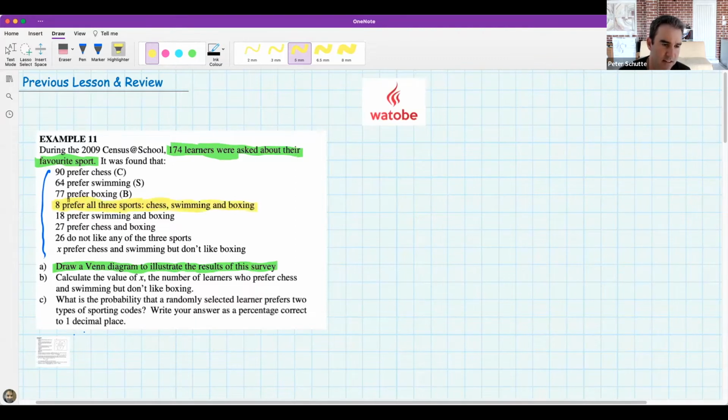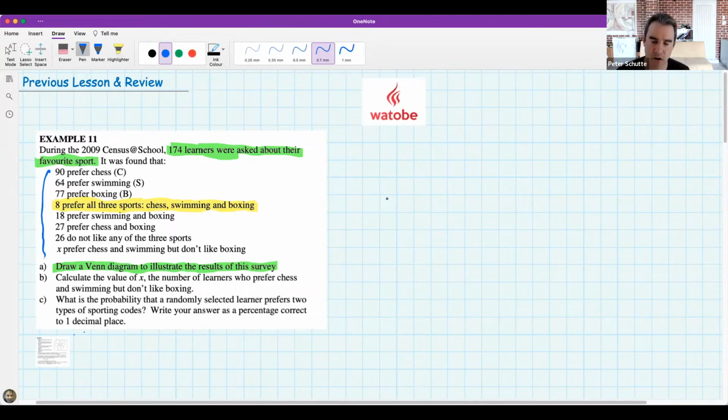So basically the center of the intersection. Now, what we're doing is trying to draw a Venn diagram that represents all this information from the question. The Venn diagram is going to help us understand how many people like different types of sports, and then we can go on to the probability part.